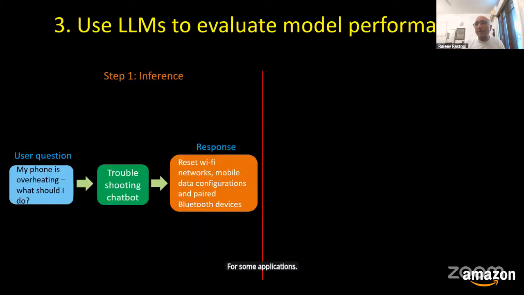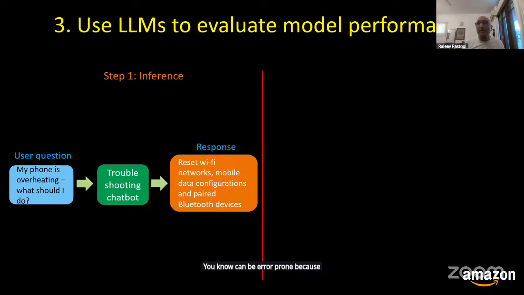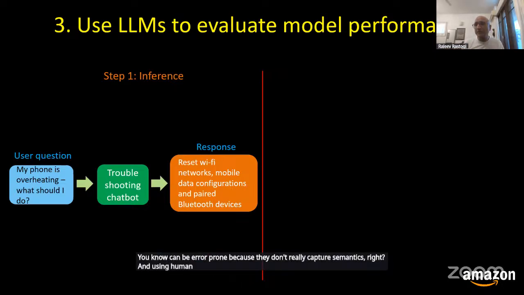And of course, a third best practice, which had come up earlier, is to use LLMs to evaluate model performance, right? Evaluation of these subjective answers to queries using traditional text evaluation metrics like Rouge can be error prone because they don't really capture semantics, right? And using human auditors can be too expensive.